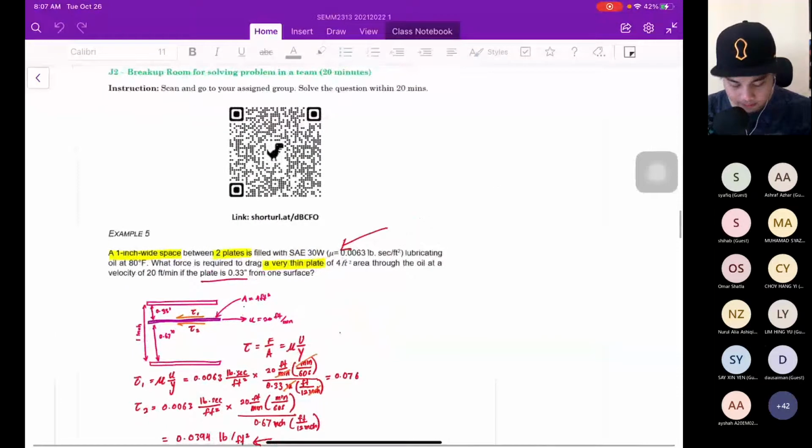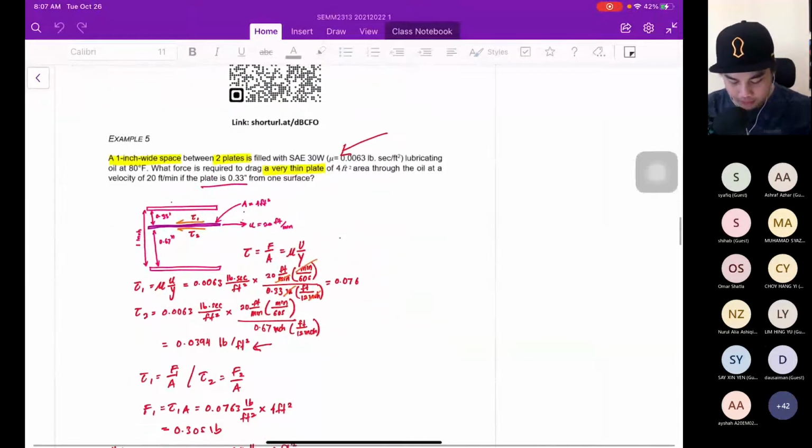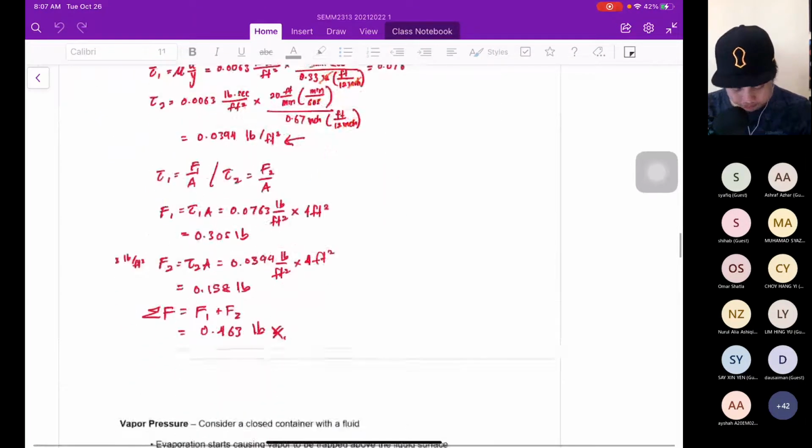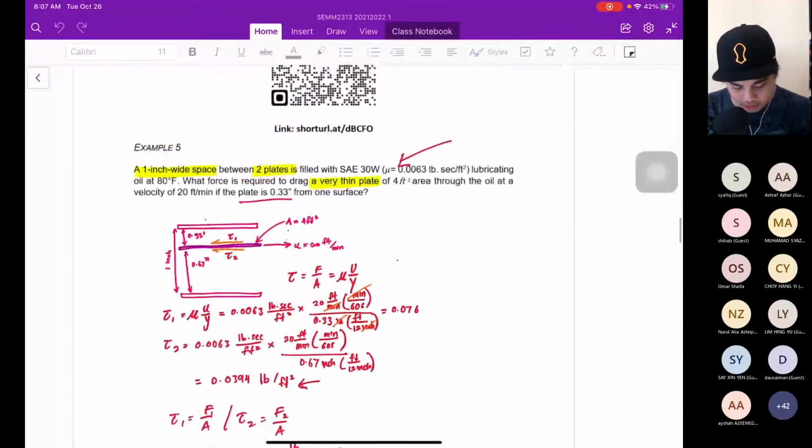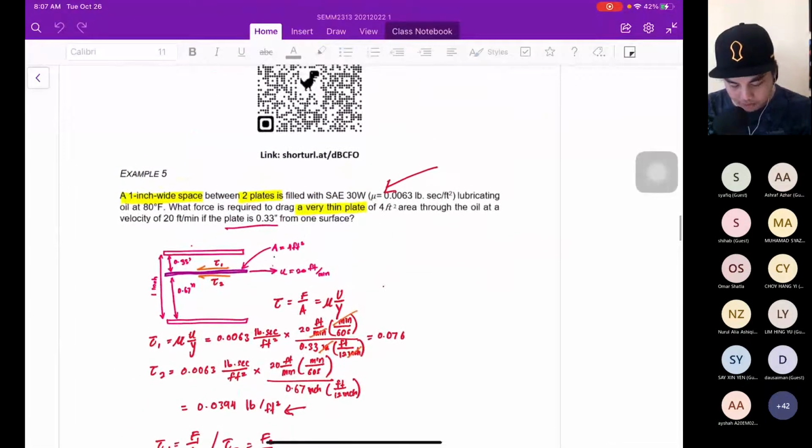we do the breakout session. Remember, I assigned 12 groups to solve this kind of question. Right. So remember that in order to calculate the force required to drag a thin plate, we need the combination of two forces, all right?